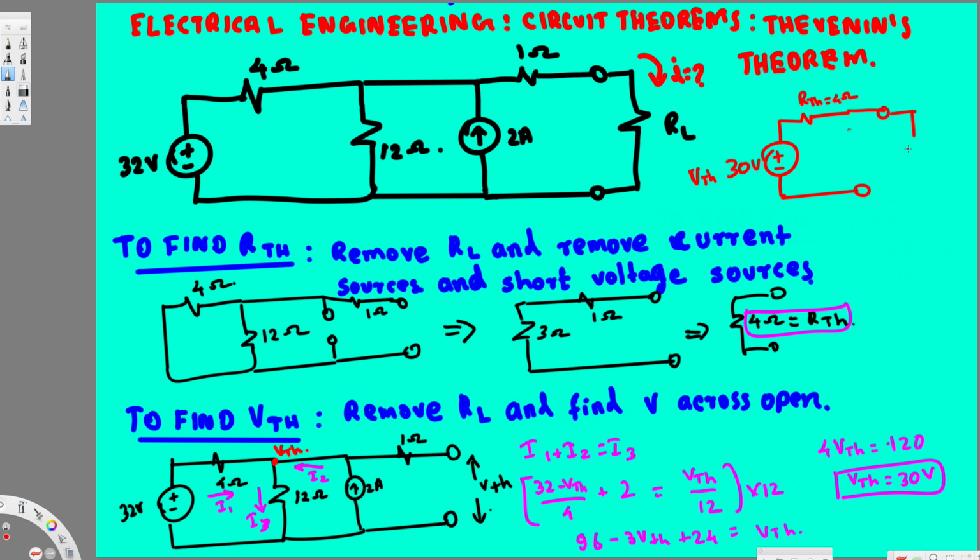The load resistance is going to remain here. I didn't give a value for the load resistance. Let's say this is 5 ohm, because we need it in order to solve this problem.